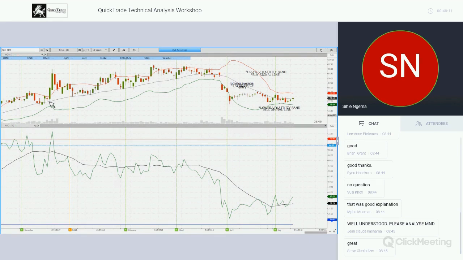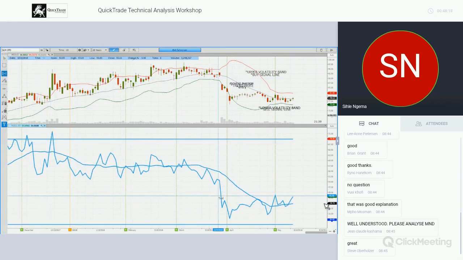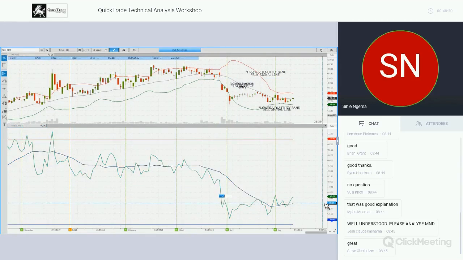The dark green line that you see there, I'll just type in there, that is your RSI indicator, the dark green line.